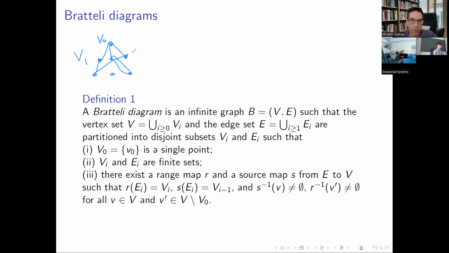It's possible that between some vertices of consecutive levels there are no edges. So this is basically the definition. All levels are finite sets, and for convenience, we define a range map and a source map, denoting the lower and the upper vertex of a given edge.